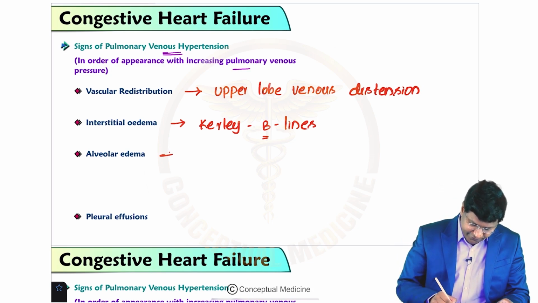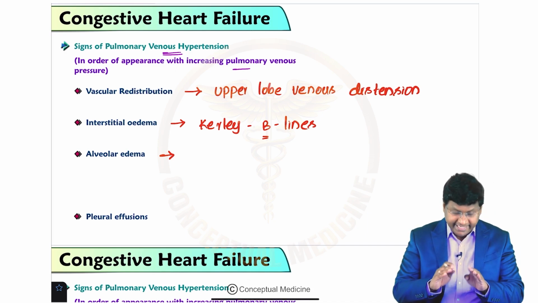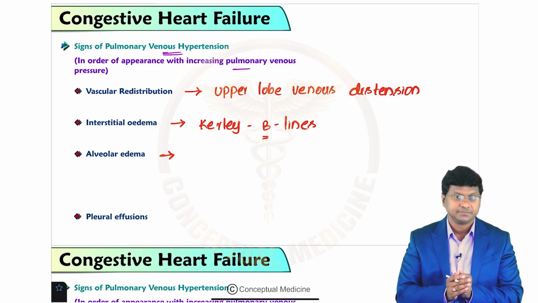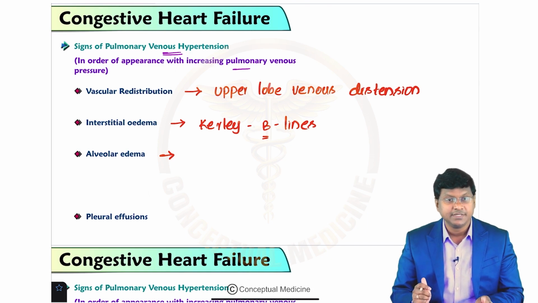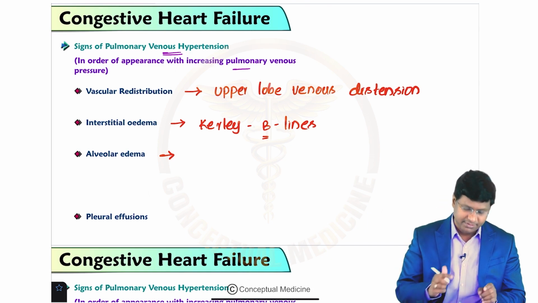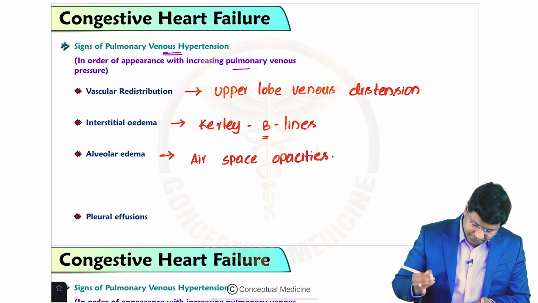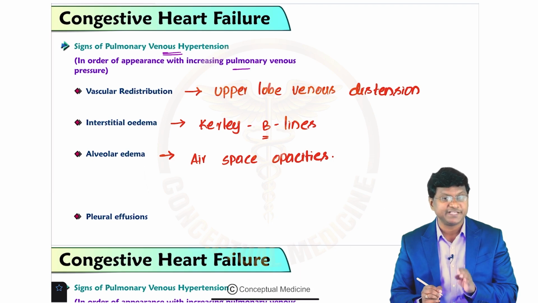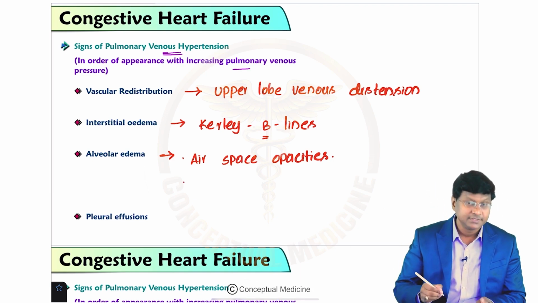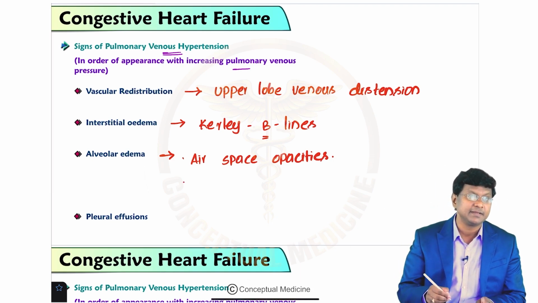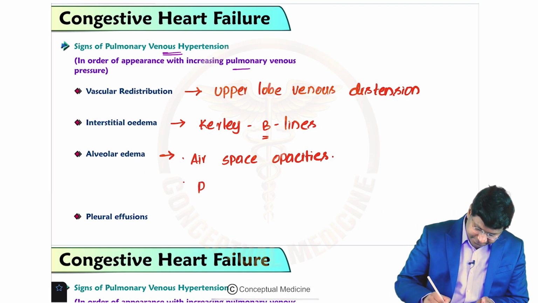Then we have the alveolar edema. So the fluid from the interstitium will enter into the alveoli and that will result in alveolar edema. And whenever there is alveolar edema, there will be airspace opacities, and then there will be perihilar batwing distribution.